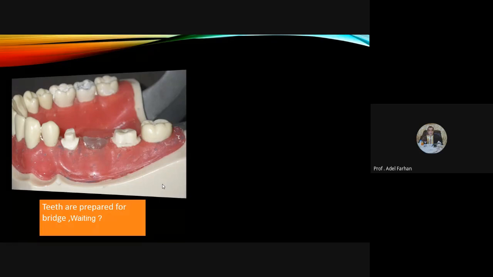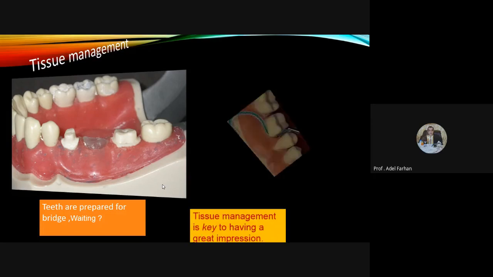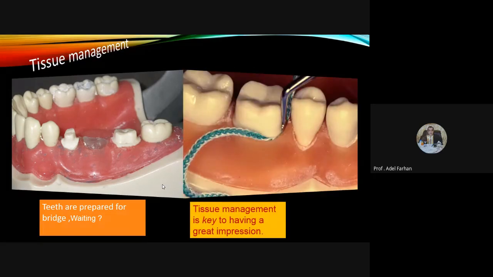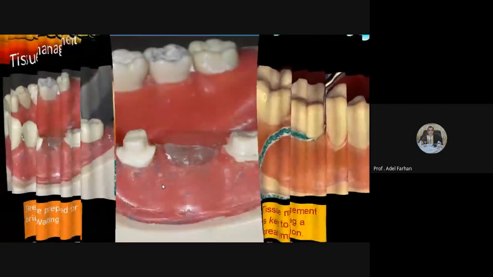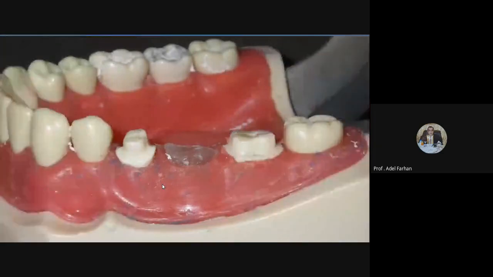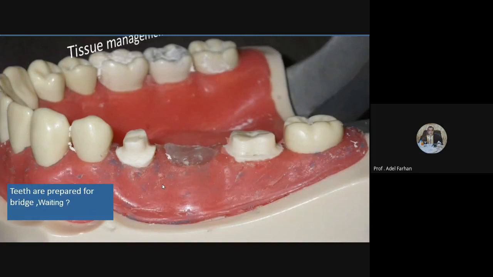So before the impression you have to do what we call soft tissue management. Tissue management is the key to having a good impression. You need it before you prepare to take the impression.